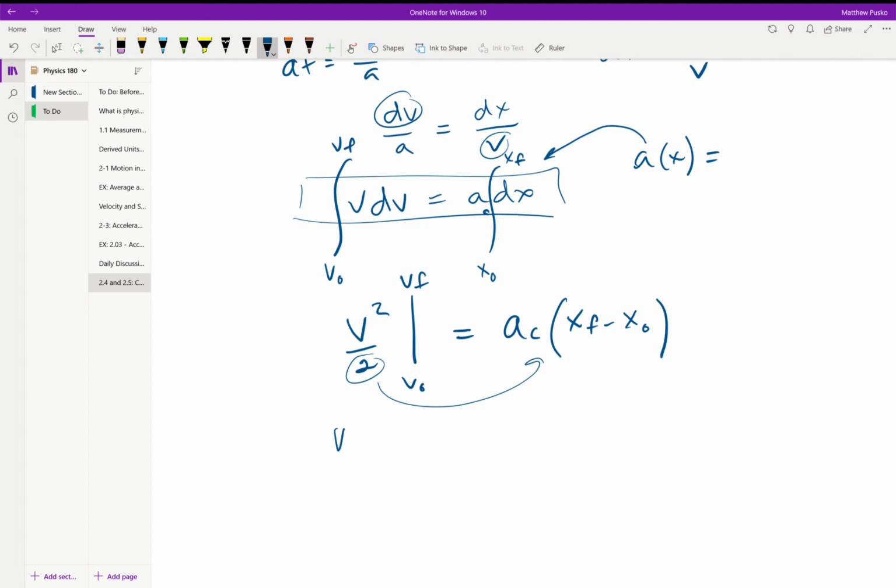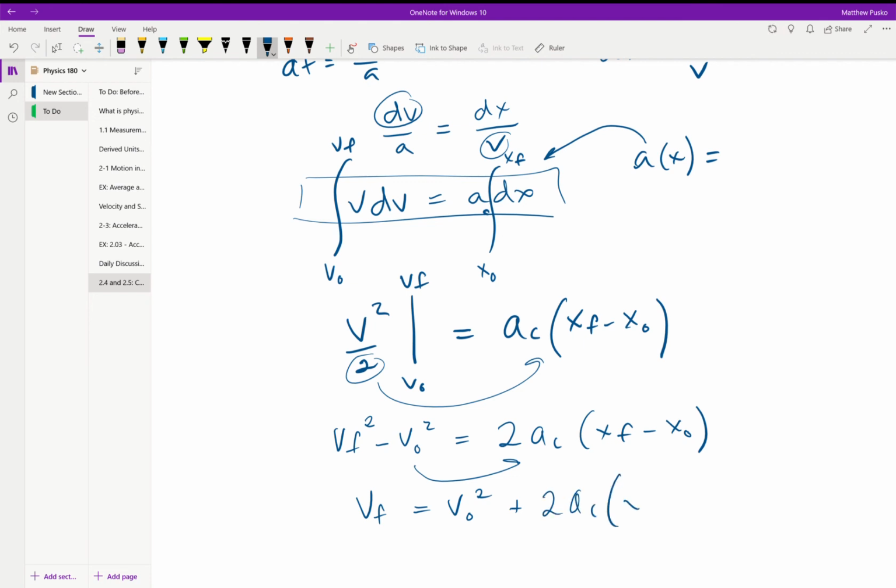And that's going to give me, after I evaluate it, v final squared minus v naught squared is equal to 2 times the constant acceleration times x final minus x naught. And when I throw this over, you will recognize the equation as our time independent equation. Notice time is not in there anywhere. And the most important thing about these is these only work for constant acceleration.